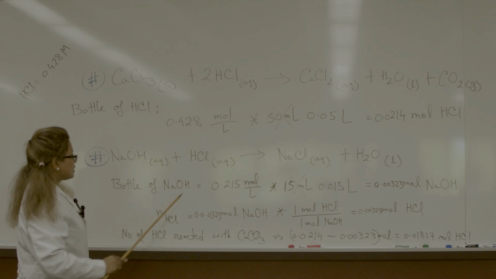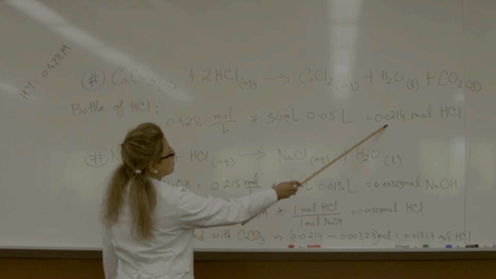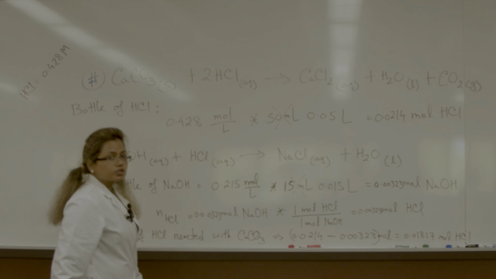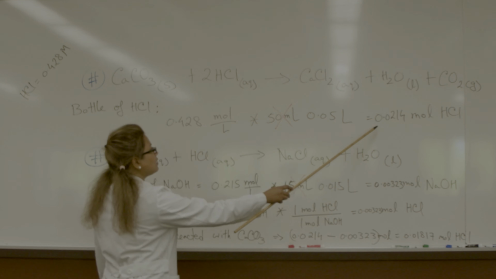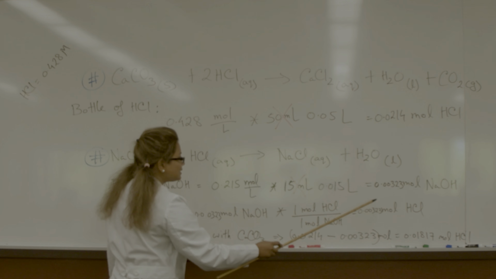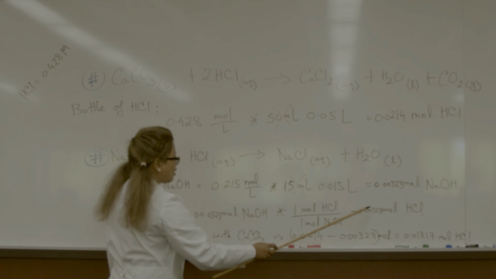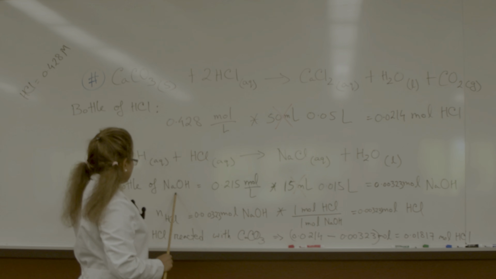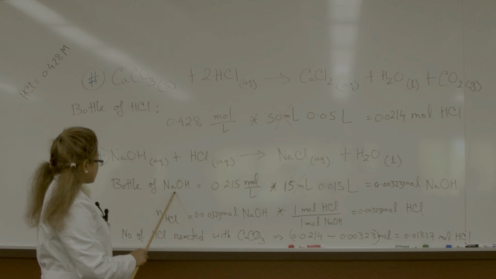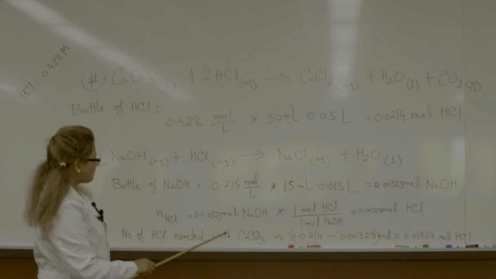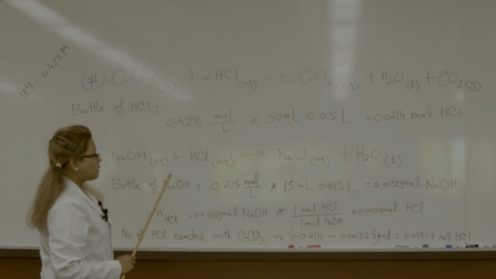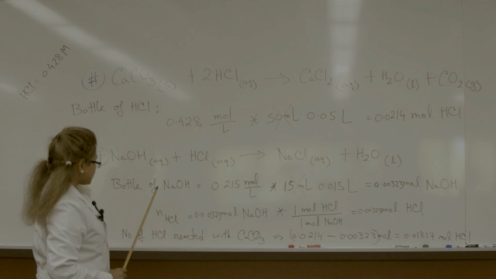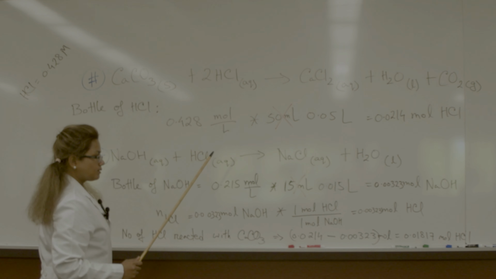So this was my total moles of hydrochloric acid used in my total experiment. If I subtract from the total the moles of hydrochloric acid used in the reaction with sodium hydroxide, I can easily find how many moles of calcium carbonate reacted in the first experiment when I used my antacid.